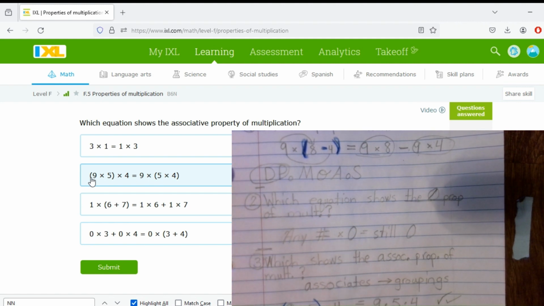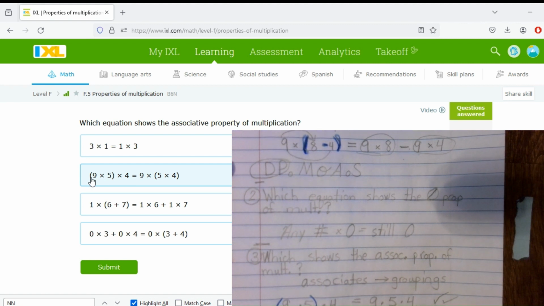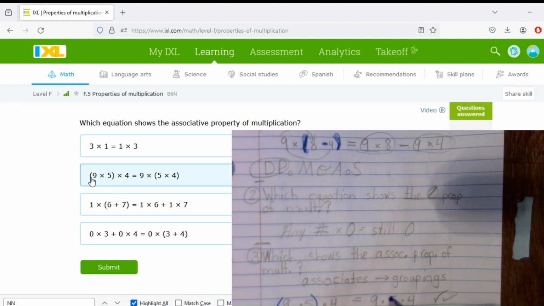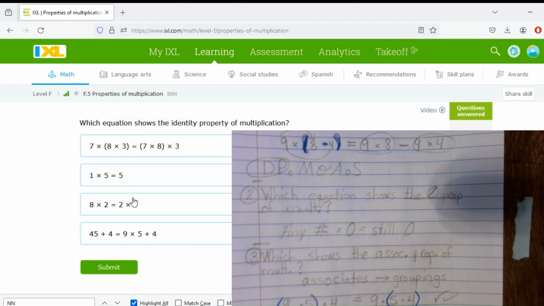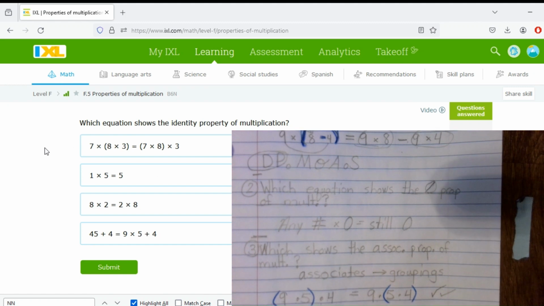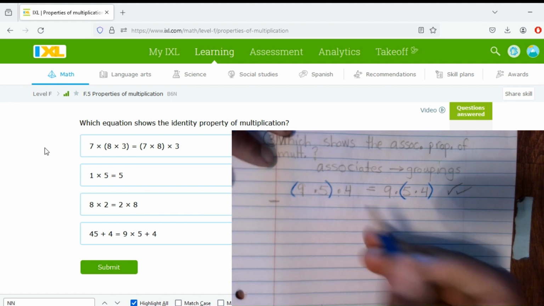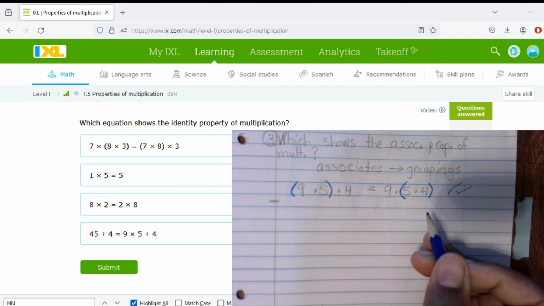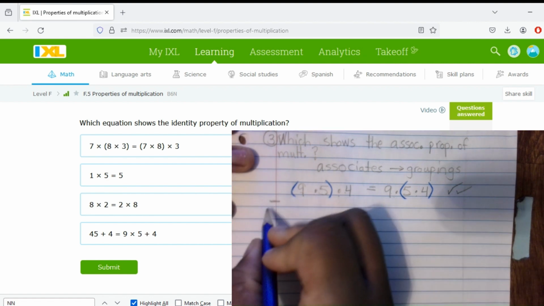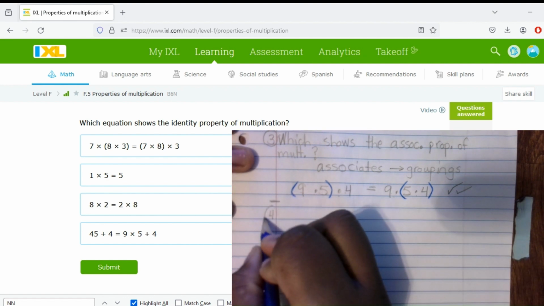I have the quantity of 9 times 5 times 4 on one side, versus over here I have 9 times the quantity of 5 times 4. And so it's helpful to me to write these down so that I can really think about what I'm seeing and what I'm looking for. So that way I don't feel guessy. There's no need to feel guessy.